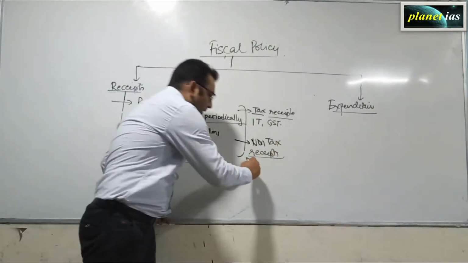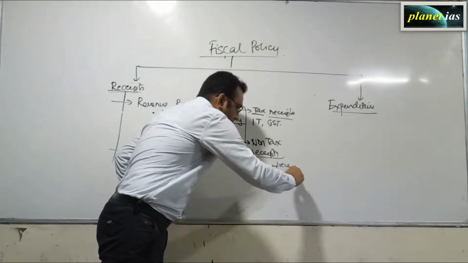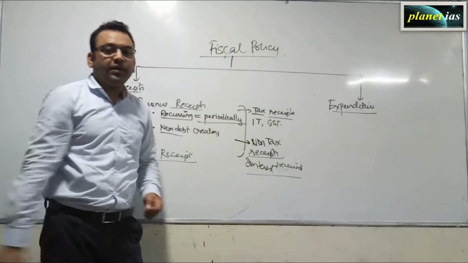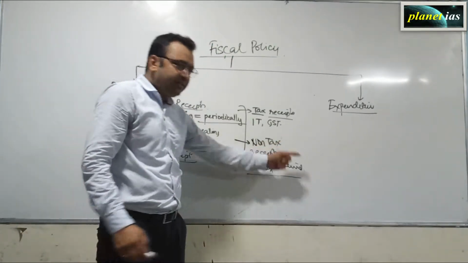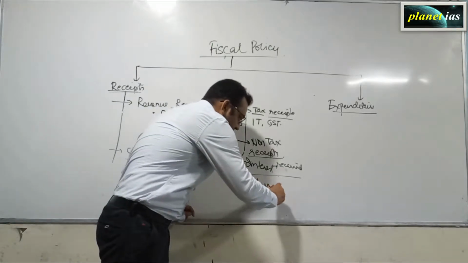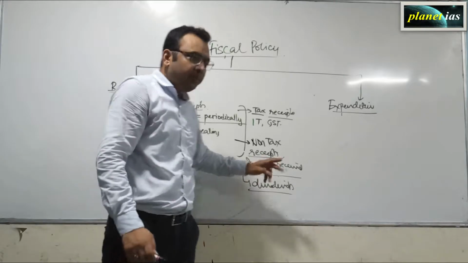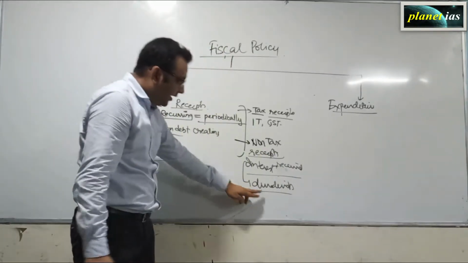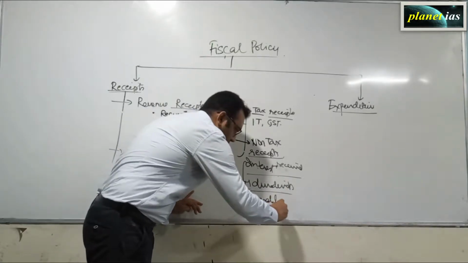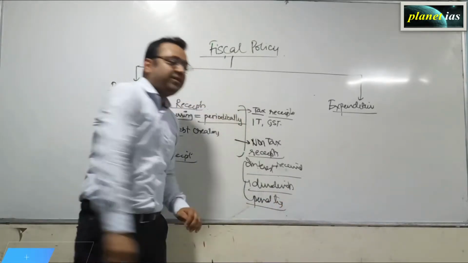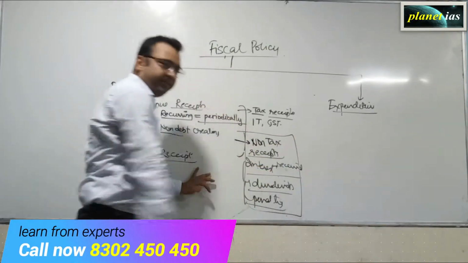For example, the interest received by the government on the loans paid to the state governments or the other countries. So interest received or the dividends which the government earned out of the profit of the PSUs. So the dividends, interest received or any penalty or the fee received by the government comes under the non-tax receipt.